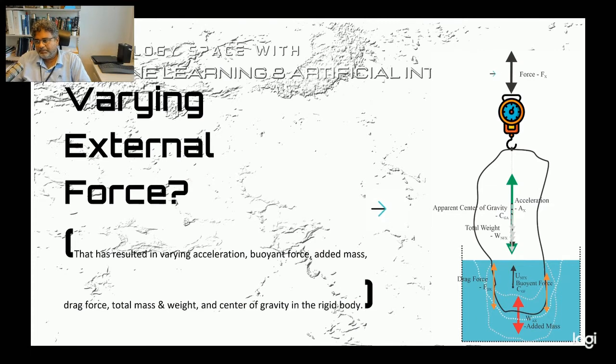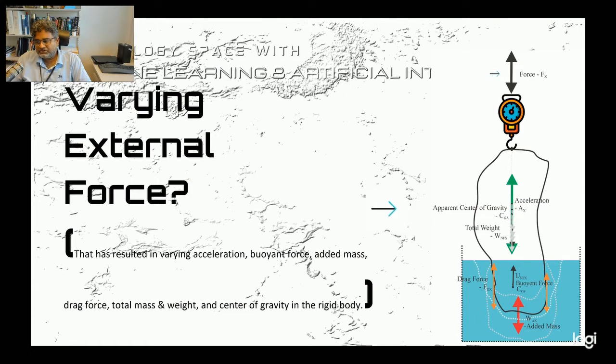Here, we are applying this external force Fx back and forth on this rigid body. Based on that force direction and the size of the force, the rigid body will also get acceleration Ax in this situation. When a rigid body is moving with some acceleration in the fluid, three effects will come into play, as we have discussed.